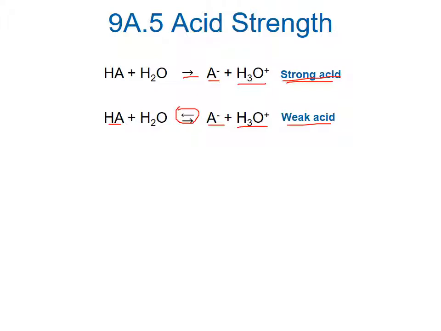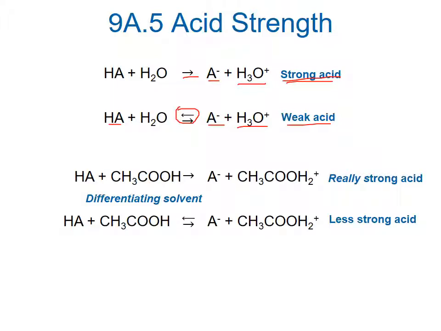Now, that's great for water. We now know that we can have strong acids and weak acids, but we don't necessarily know how strong the strong acids are. And so while water is able to differentiate the strength of weak acids, we can't use water to do that for strong acids. We have to use a different type of solvent called a differentiating solvent to tell which acids are stronger and weaker. When we use a differentiating solvent, say like acetic acid, which is a stronger acid, it's going to accept the protons from strong acids less readily.